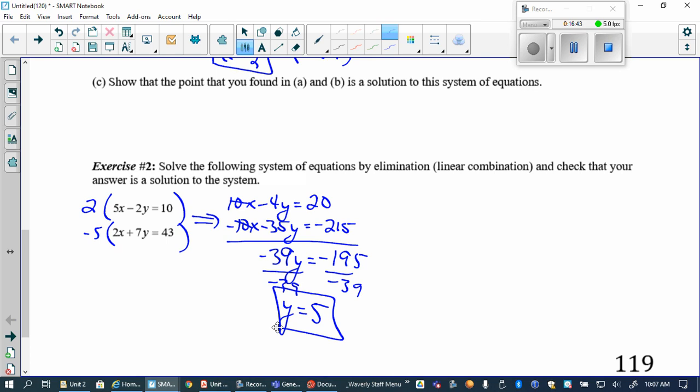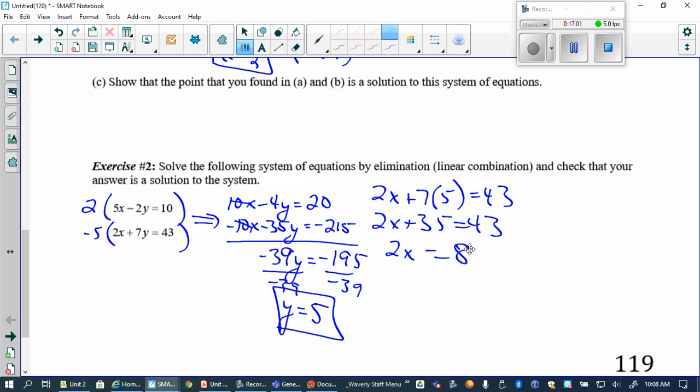Linear combination. Anyway, let's plug it into the bottom one: 2x plus 7 times 5, so 2x plus 35 equals 43. Subtract 35 from both sides, you get what? 2x equals 8. Divide by 2. x equals 4.